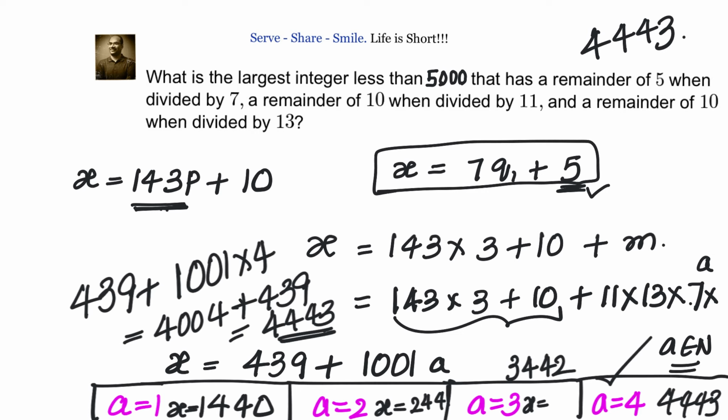So that means our number is 439 plus 11 into 13 into 7 into some natural number a. We took different values for a starting from 1, and all these numbers satisfy the three conditions, but we want the largest integer less than 5000. So when we take a equals 4, we got the number as 4443.